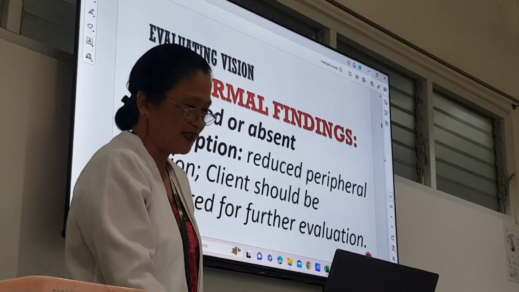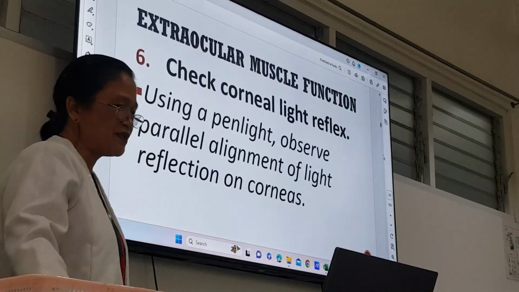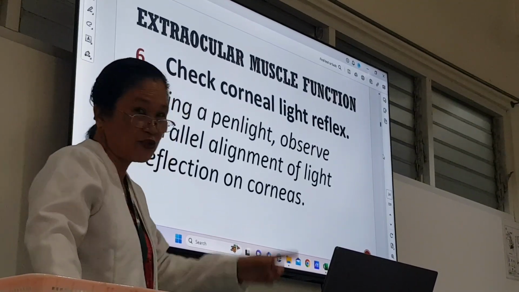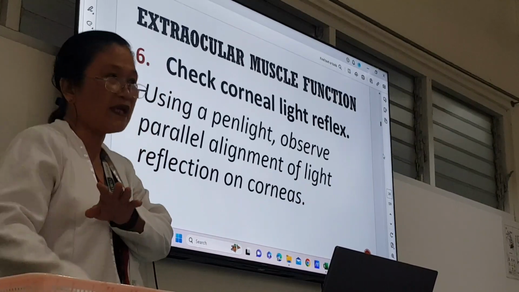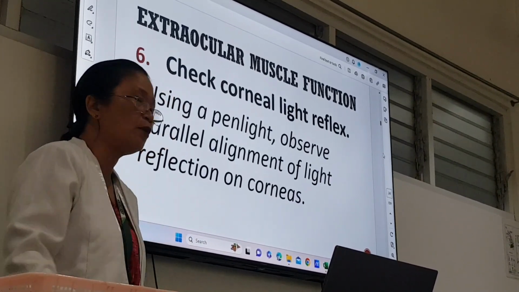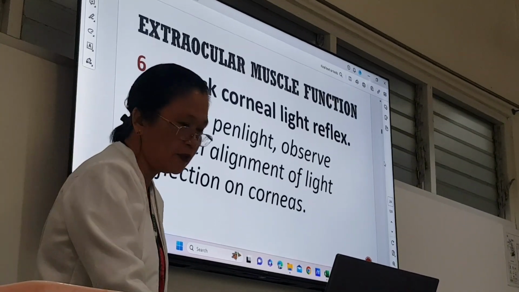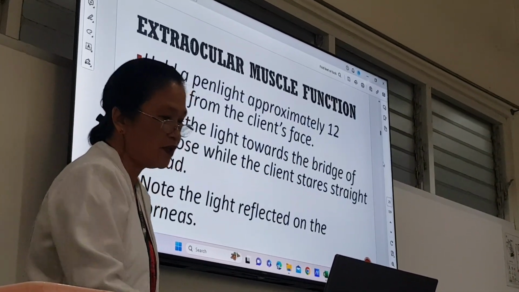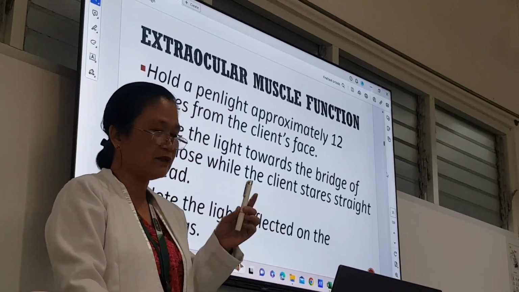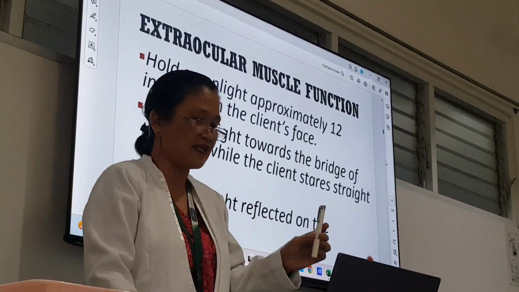Okay. And then, this time, check now the corneal light reflex. That is your number 6. Using a pen light, observe parallel alignment of light reflection on corneas. So, hold a pen light approximately 12 inches from the client's face.